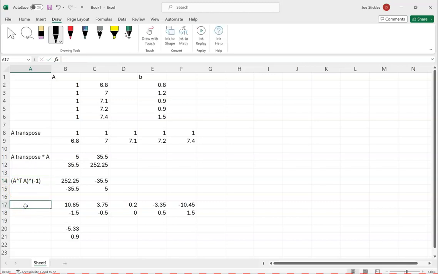This is A transpose A inverse times A. And this finally is, I'm just going to type previous times B. So I have to keep typing longer and longer things. So that's what each of those pieces is.